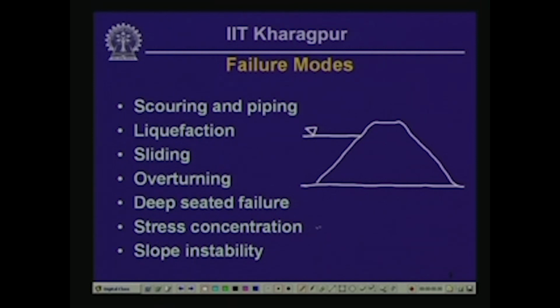So here the water is on your left, and this particular dam may be affected by stability of the downstream slope, or the upstream slope also may become unstable and may slide into the reservoir, and the downstream slope may become unstable and slide downwards like that.